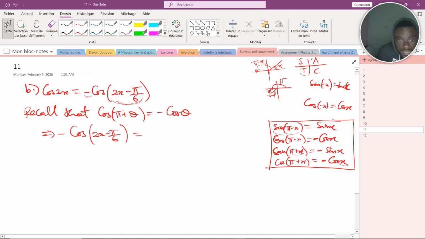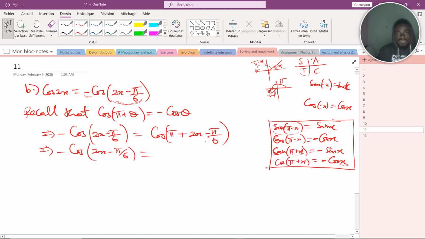This is my theta. So this will be equals to cos of pi plus this theta, according to the identity, plus this 2x minus pi on 6. Is that okay?